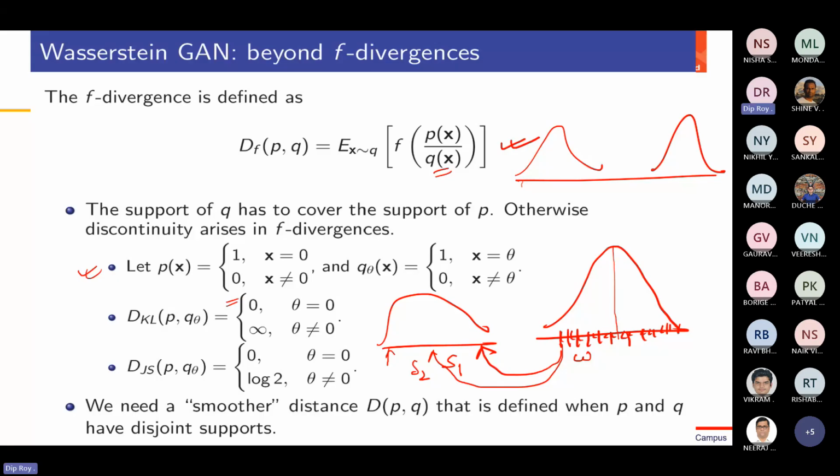Of how a mass in P can be moved to Q. Now, all of these gamma X and Y combined together will be one transport plan.